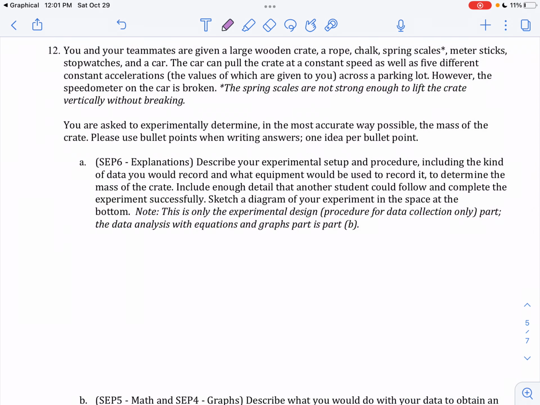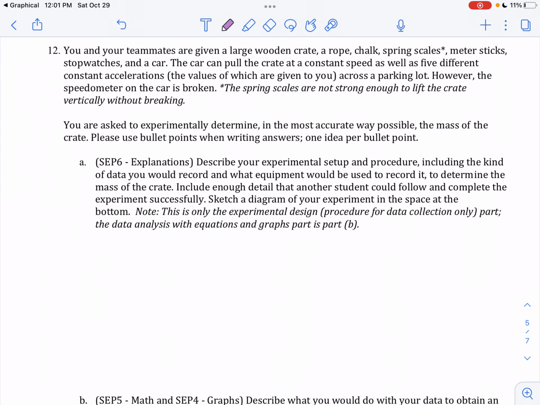All right, so this is our experimental design. And I'm just going to talk through how to think about an experimental design. When you read this problem, you can pull it at different constant accelerations, which are given to you. However, the speedometer on the car is broken, so you can't figure out what the speed is. You have spring scales.